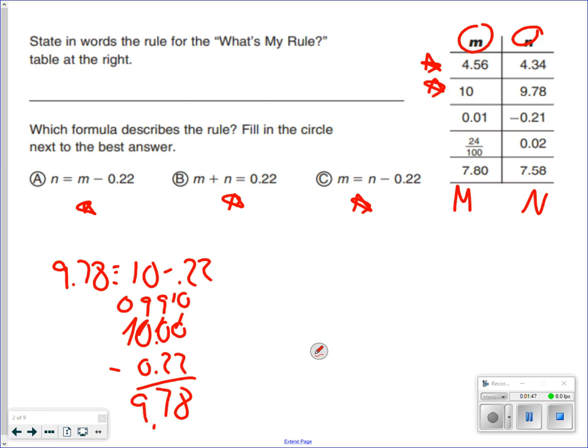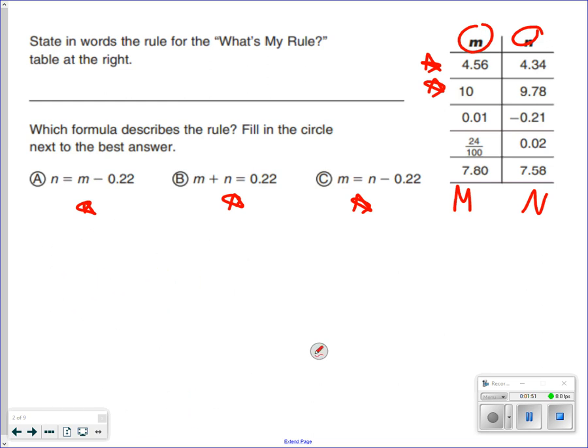We'll try one more. So if we subtract 0.22 from m, will we get n? Take a look here. If we subtract a negative with another negative, we'll get a positive. This works. Subtract 2 hundredths from this, we get 24 hundredths.